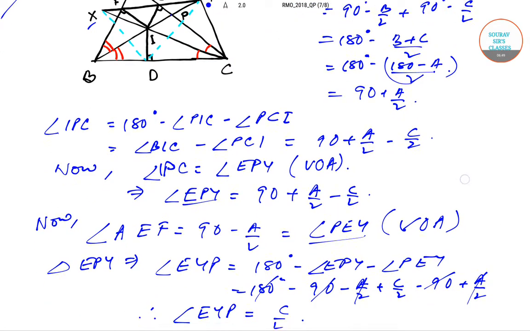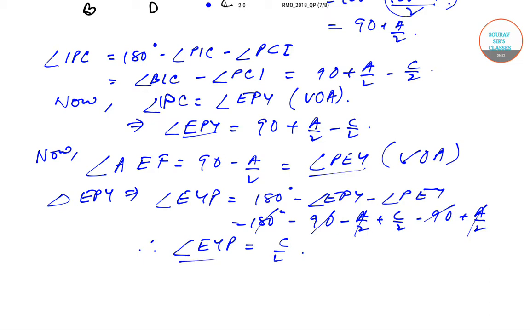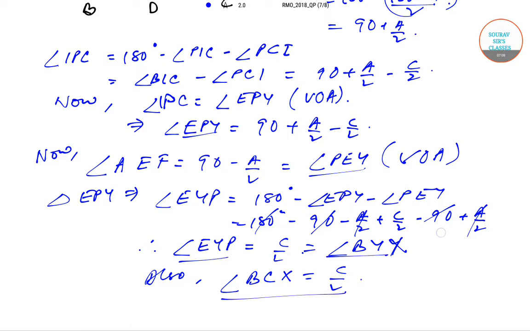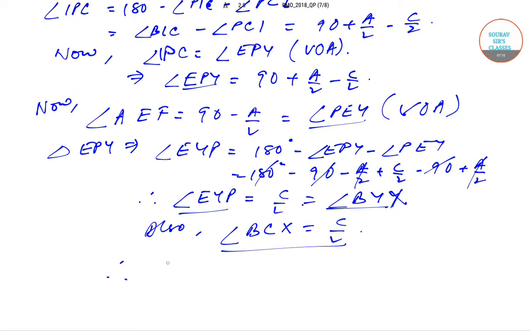So we have that EYP is nothing but angle BYX, which is C by 2. Also we have angle BCX equal to C by 2. Since these two angles are equal, we can therefore write that BCYX is concyclic.